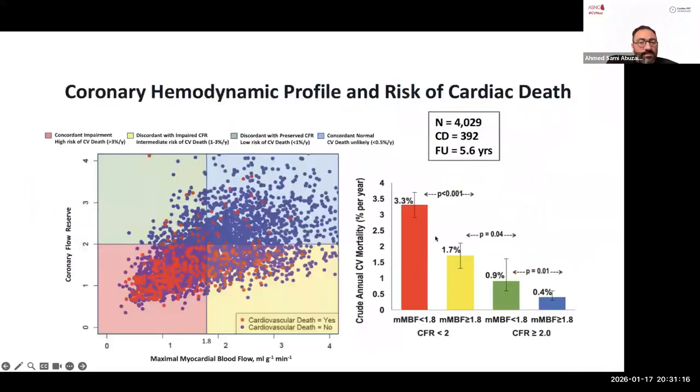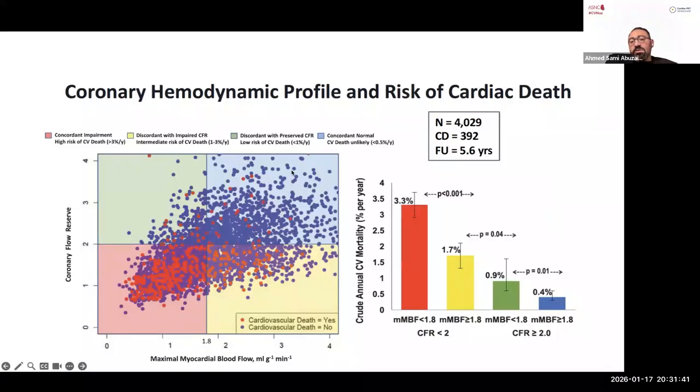That is important because once we have that reserve, we can understand where our patient is going to be. This is a little bit of a busy slide, but we put the patient in a category depending on the myocardial blood flow reserve and the maximal blood flow at peak stress.